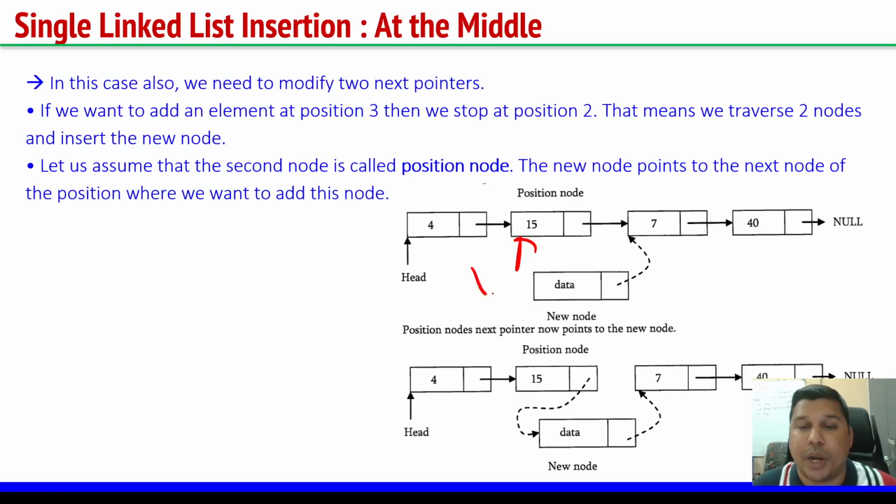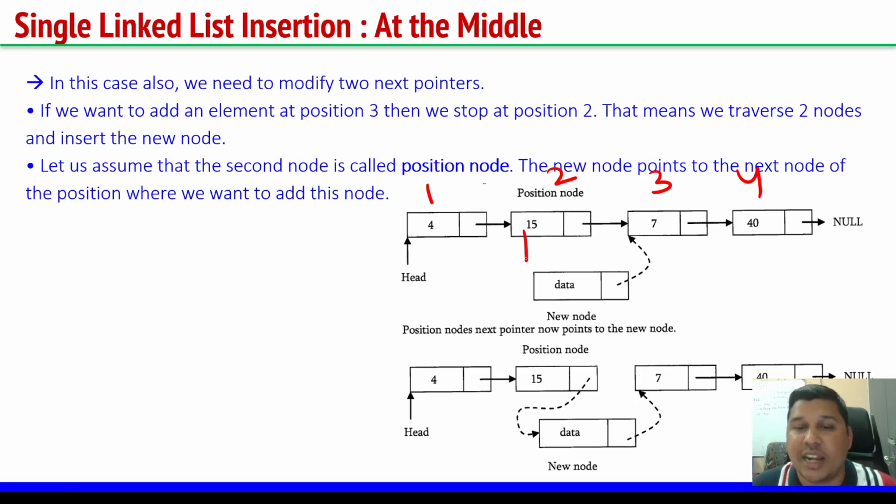So this is my temp now. I am stopping it here. You have the new node with you here. This is the temporary node which I traversed. Let us take position 1, 2, 3, 4. I want to insert an element after 2.